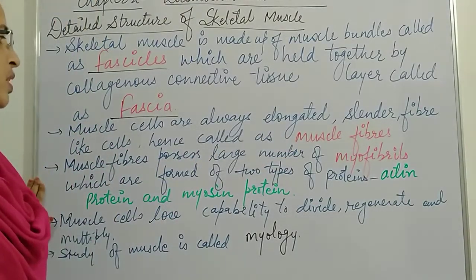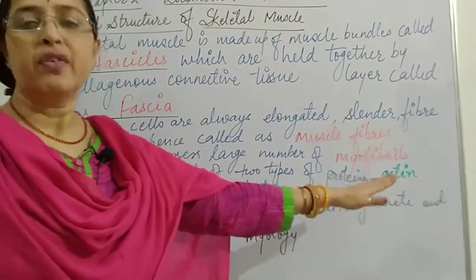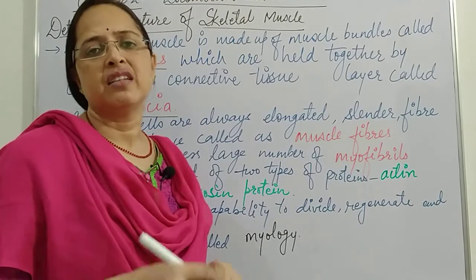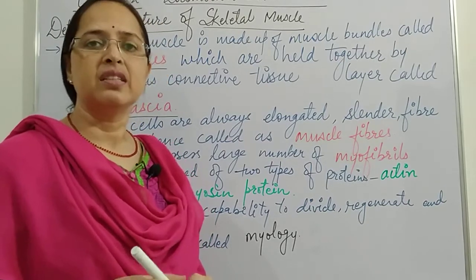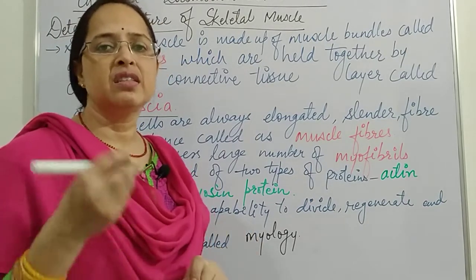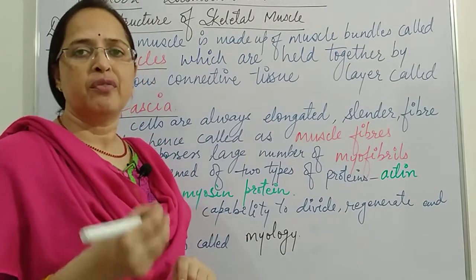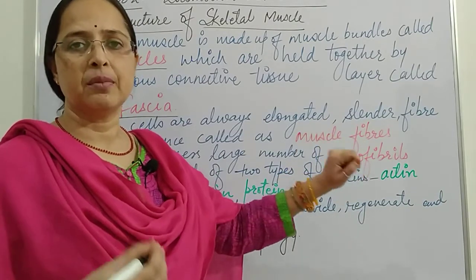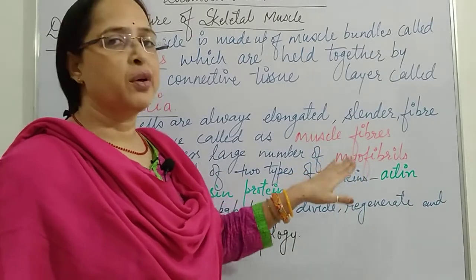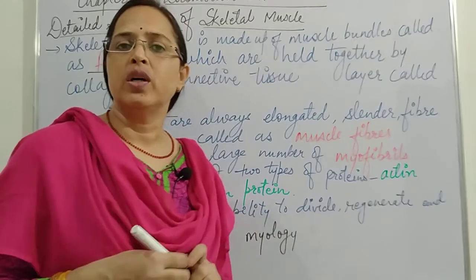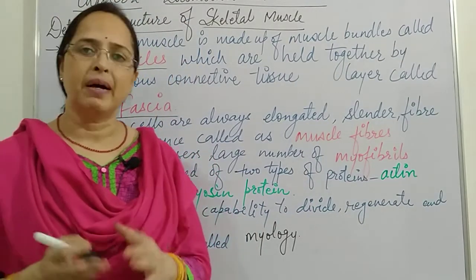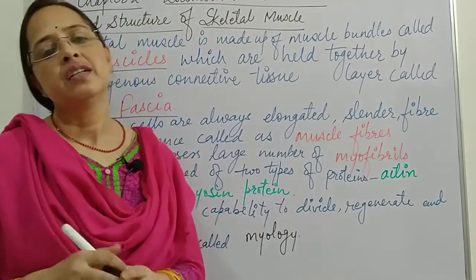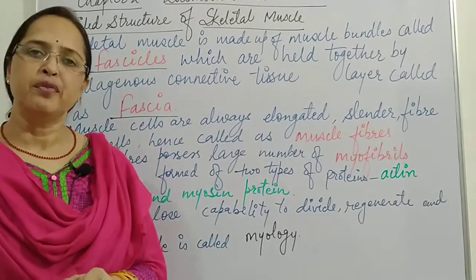Muscle fibers possess a large number of fibrils, fine fiber-like structures present in the muscle cell, and these are called myofibrils, because the word myo is used for muscle, and these fibrils are present in the muscle.